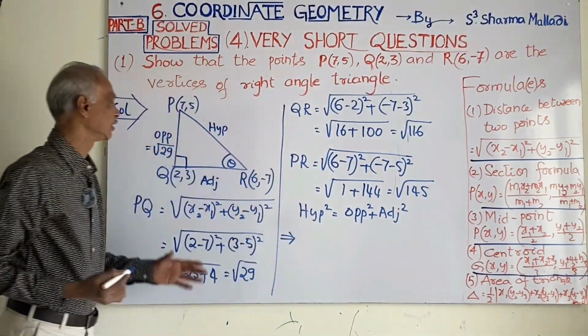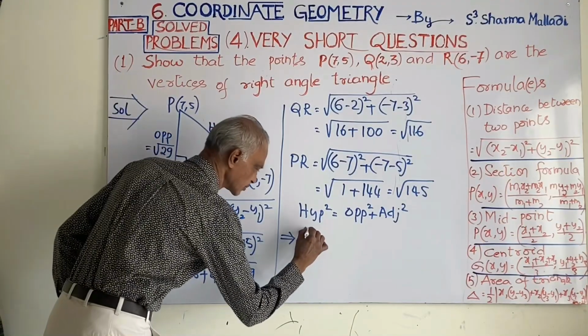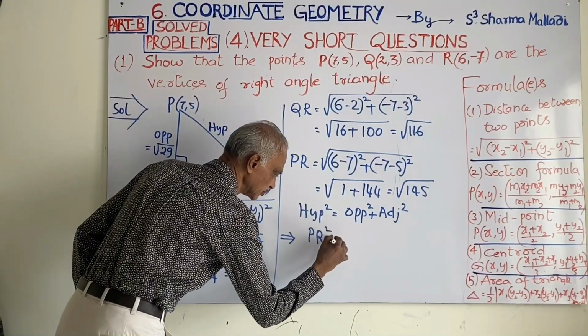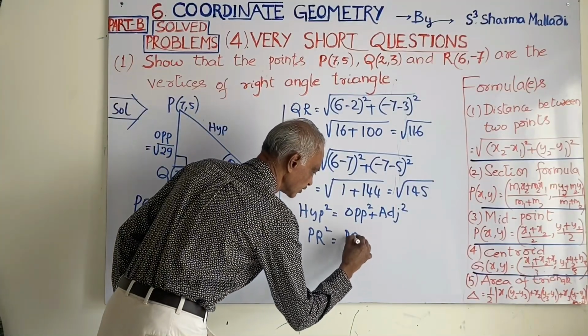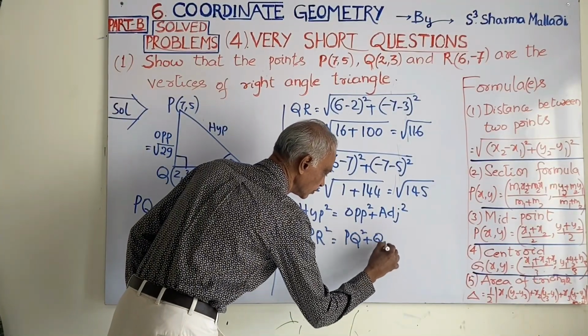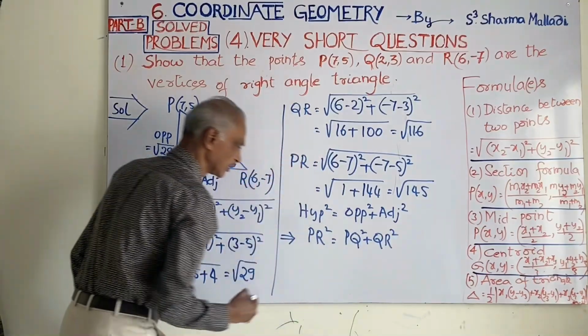That is nothing but hypotenuse, PR square, must be equal to PQ square plus QR square.